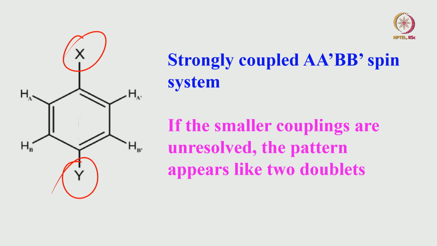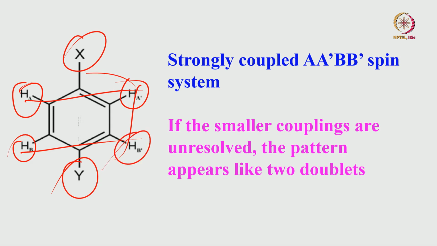I already explained to you what is strongly coupled. These 2 protons are chemically equivalent, but the coupling of this and this could be different. There can be coupling between A and A prime also. Similarly, these 2 B and B prime are chemically equivalent. There can be coupling between B and B prime, and also B prime to A coupling, and these couplings could all be different.